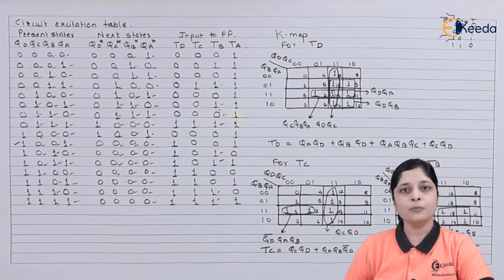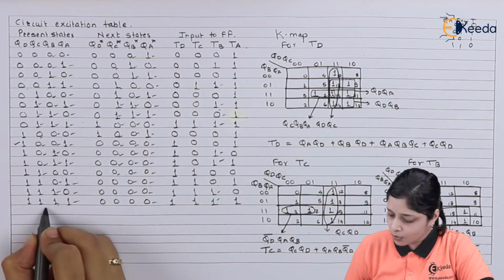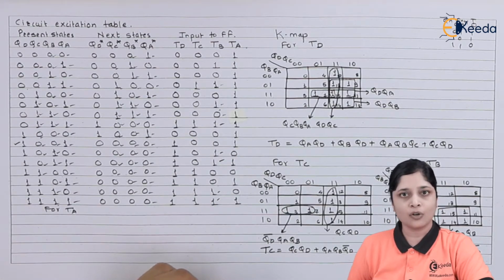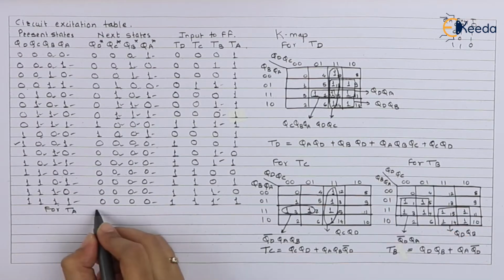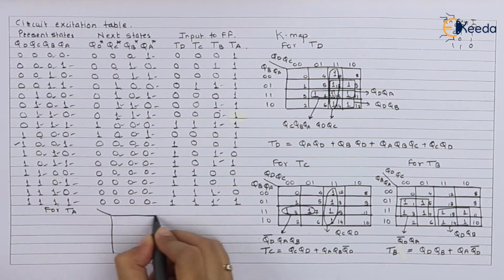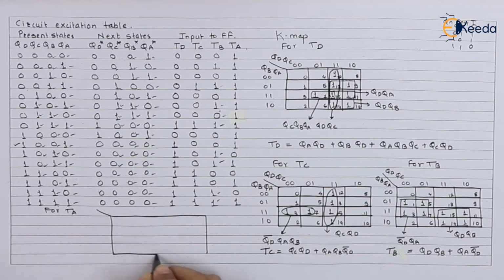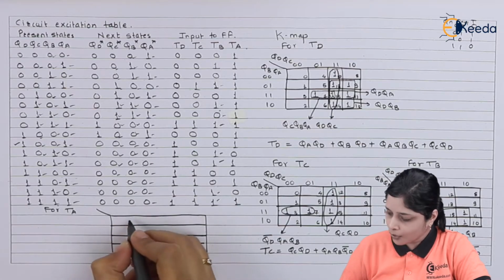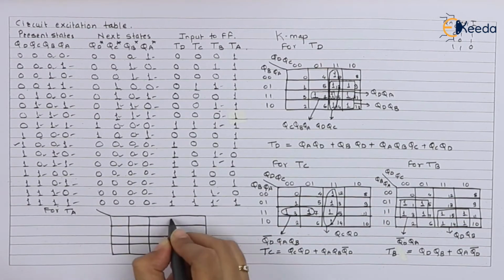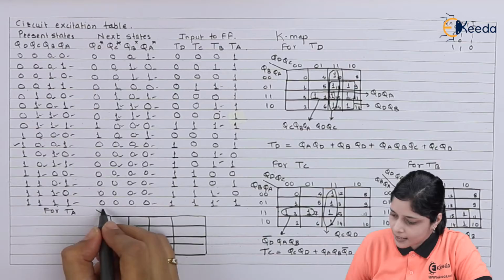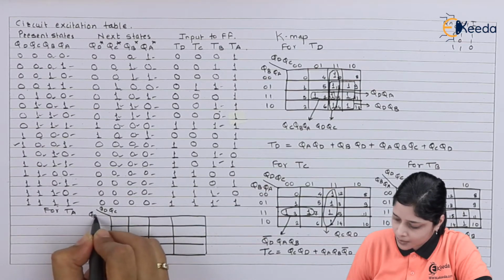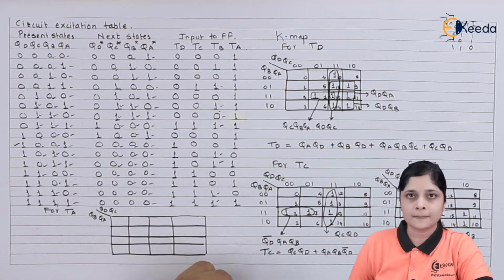Now we will move forward for the TA. So for TA we will again draw 4 variable K-map. Here we will draw the K-map for TA. 4 variables are what? QD, QC, QB and QA.